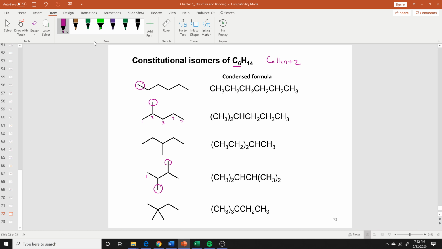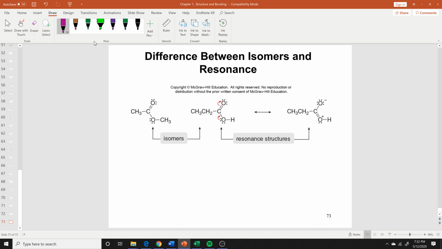So I can put one on carbon 2 and another one on carbon 3. I can put 2 CH3s on the same carbon. So this is going to be 1, 2, 3, 4. So now I have 2 CH3s on carbon number 2. All of those are constitutional isomers of C6H14.